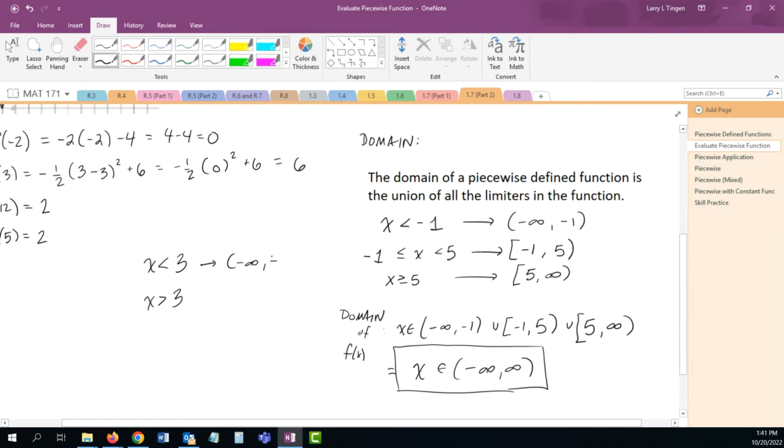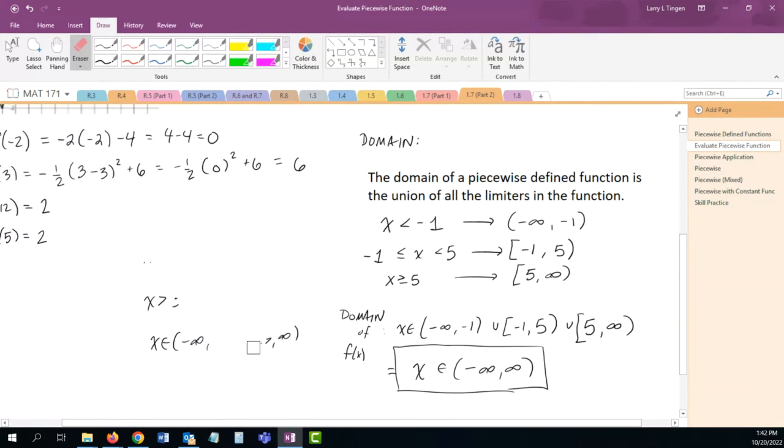So we have negative infinity up to 3, union 3 to infinity. We're letting the reader know this is not all real numbers because there's a gap when x is 3.